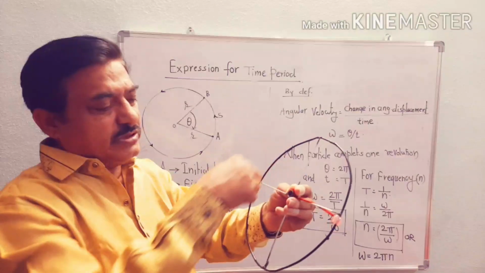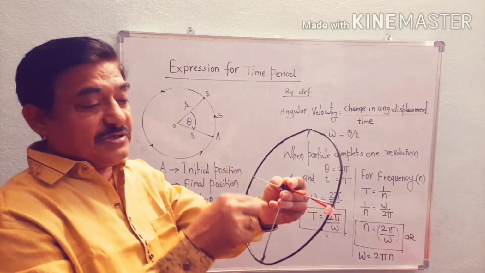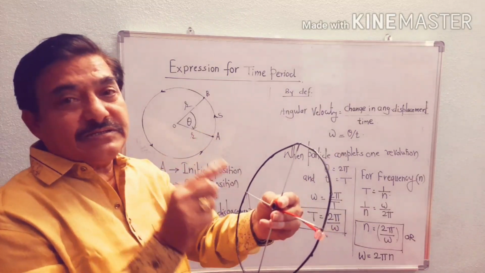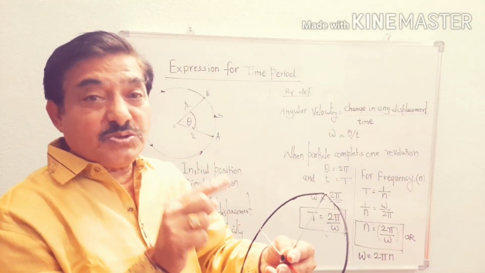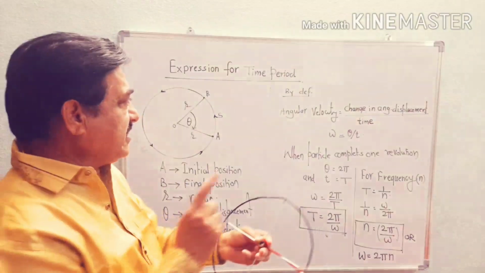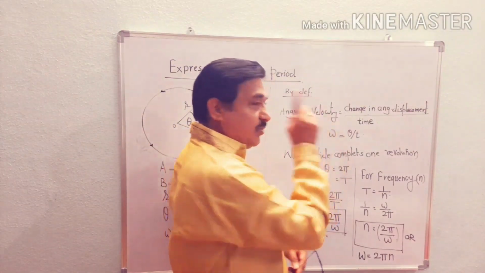It means the total angular displacement of the particle is 90 plus 90 plus 90 plus 90, that is 360. That is, the particle describes an angle 2 pi at the center of the circular motion. So, angular displacement is 2 pi.